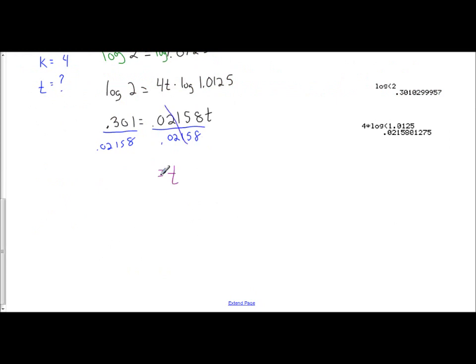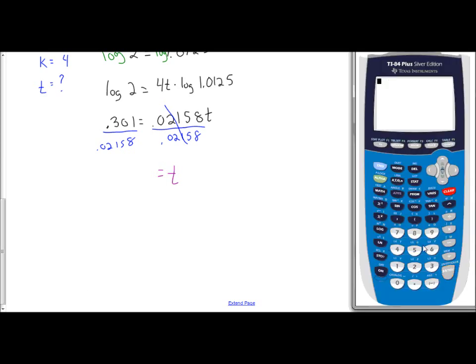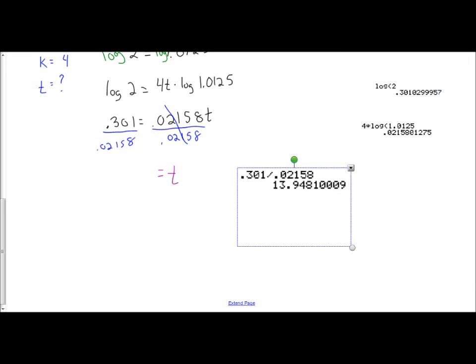And I get my time equals, go to our calculator. We have 0.301 and we're dividing by 0.02158. Hit enter. I get 13.948. And so that is my time, 13.948 years.